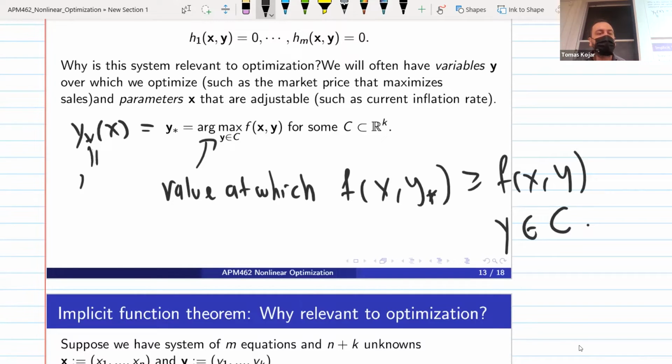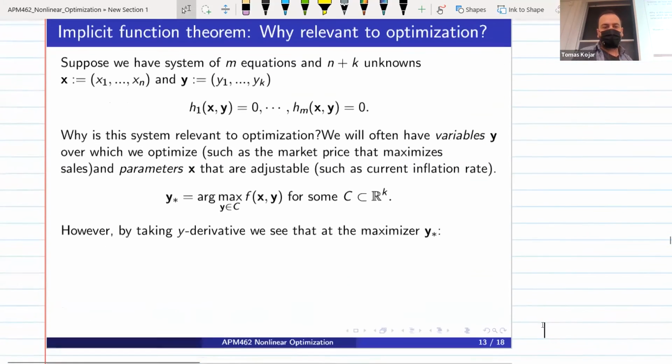We will show by the implicit function theorem that it is a function of x, some g. You can see why this is important: if the inflation rate changes tomorrow, I want to know how my y star changes. I don't want just a number, I want the dependence on x. We'll do examples next week.